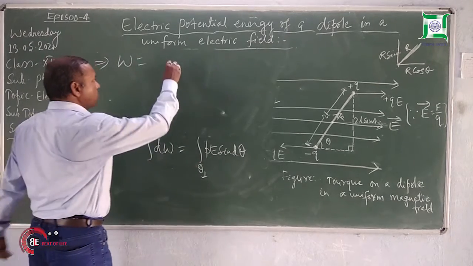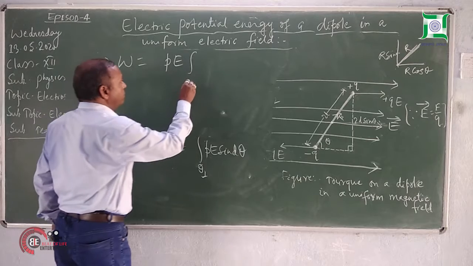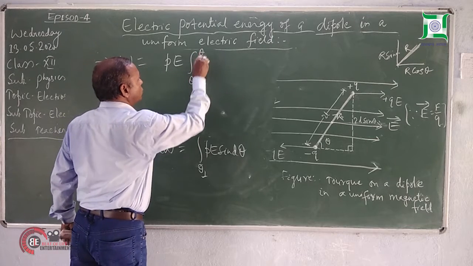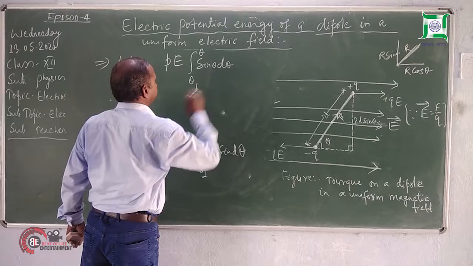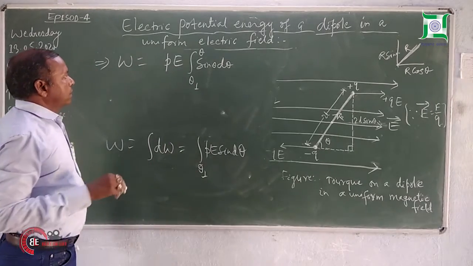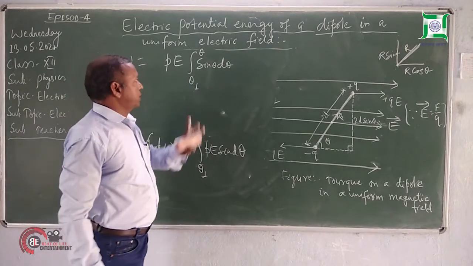So it will become PE integration from theta 1 to theta 2 of sin theta d theta. As we know, the integration of sin theta is minus cos theta.